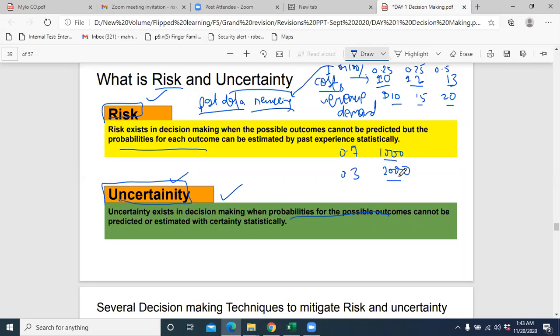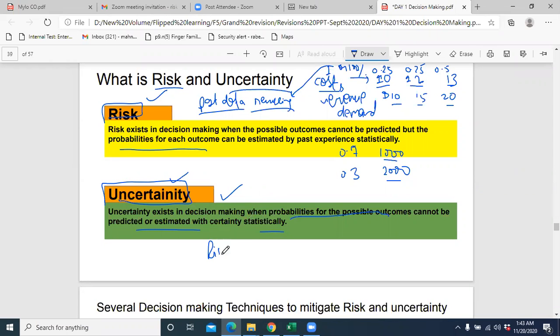But when I can assign the probabilities, that is, I can quantify the risk element in it, that's the risk. But when you cannot quantify the risk, that means the probability is not known and you cannot predict or estimate the probability statistically. That means it's uncertain.